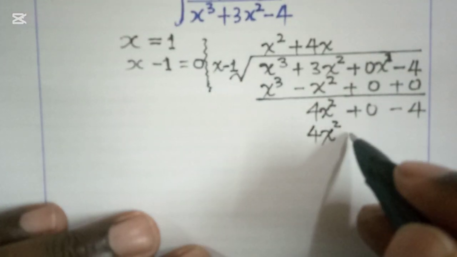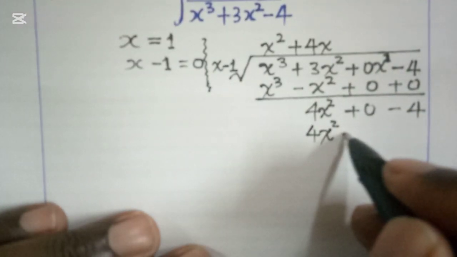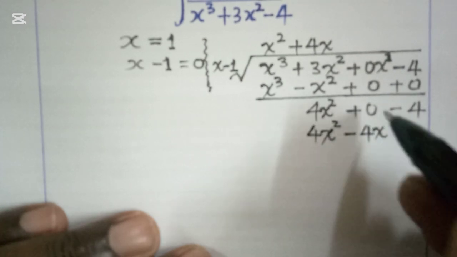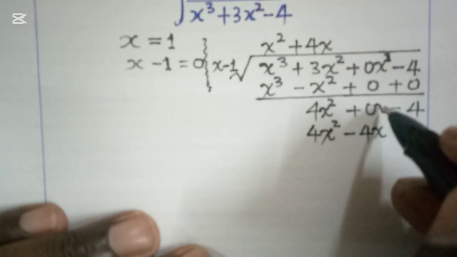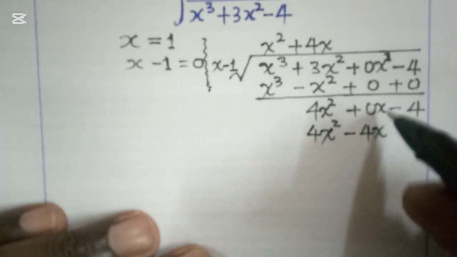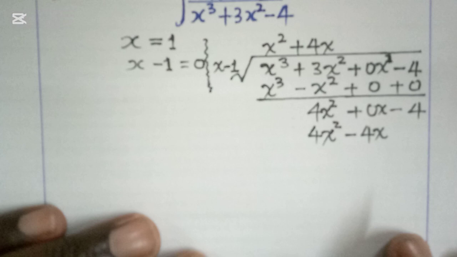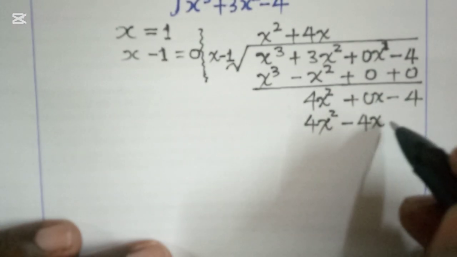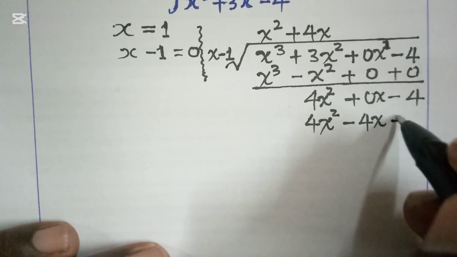This one now is going to give us negative 4x. Remember, this is the column for x, though there is nothing. And then finally here we have nothing, plus 0.